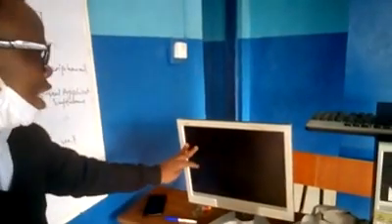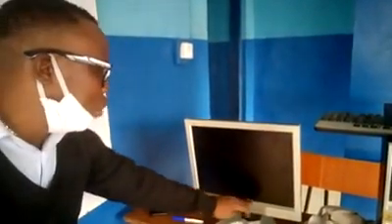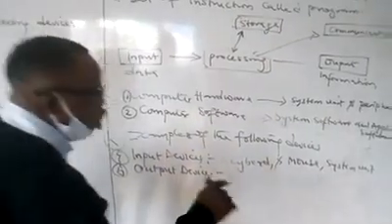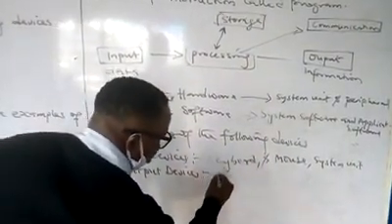We process it and it comes out as what? Output. You'll be able to see what you are keying in after it's been processed on the monitor. And when you are now seeing it on the monitor, you know that monitor is now called what? Output.